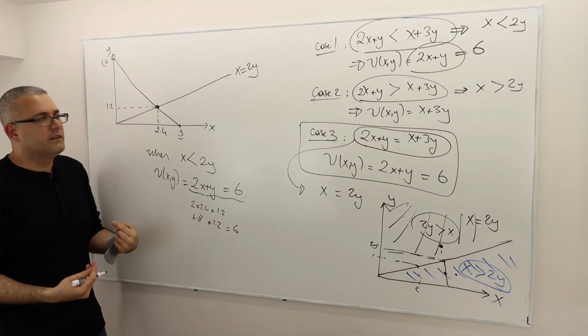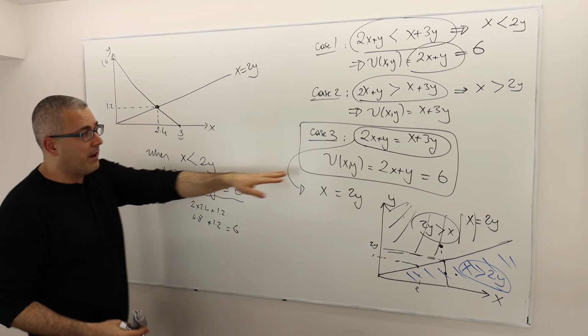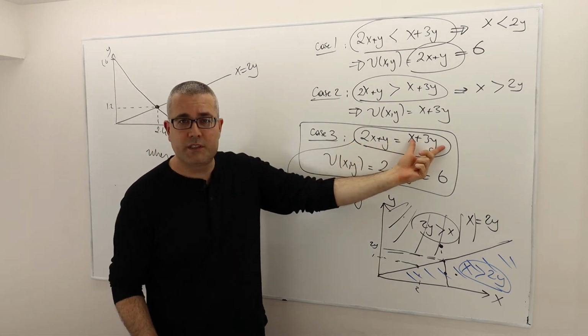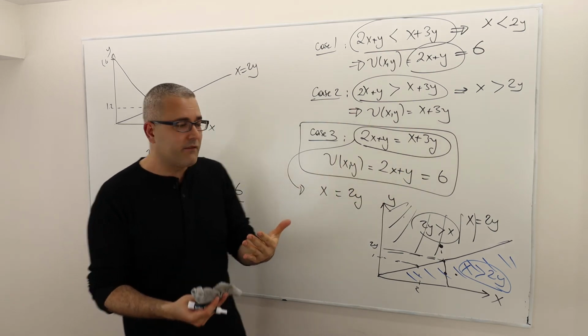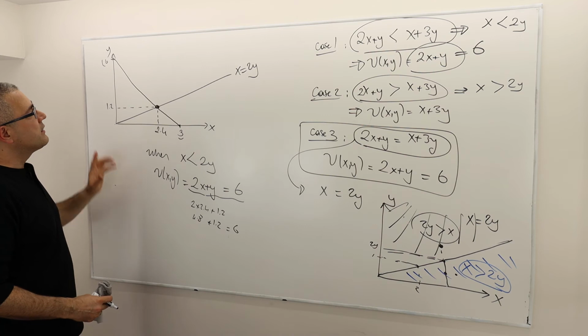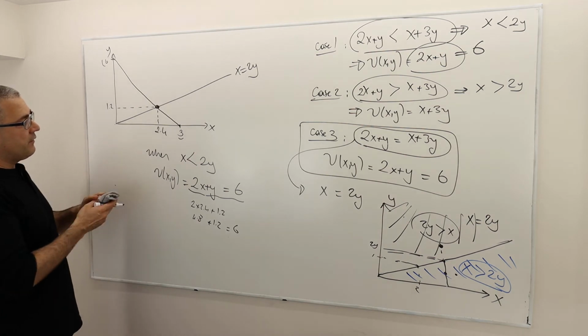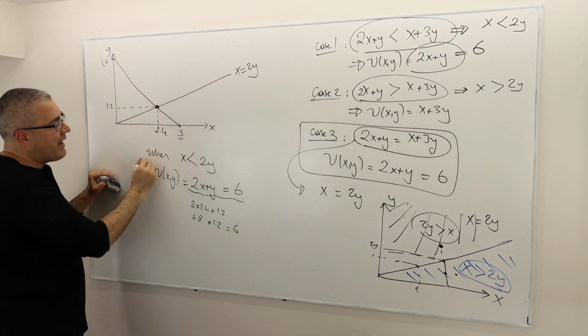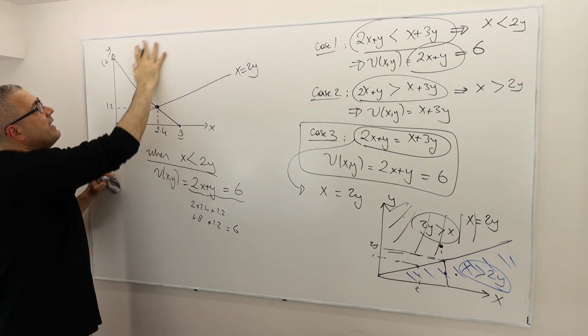It's not a coincidence, all right? It has to be the case, because remember, my utility at this point is either the first argument or the second argument, doesn't matter. For that reason, this point has to be on this line. Okay, so here's the thing. Be careful. My indifference curve is going to be the straight line when x is less than 2y, I mean in this region.